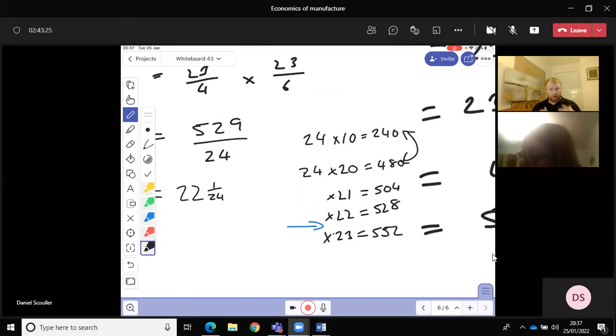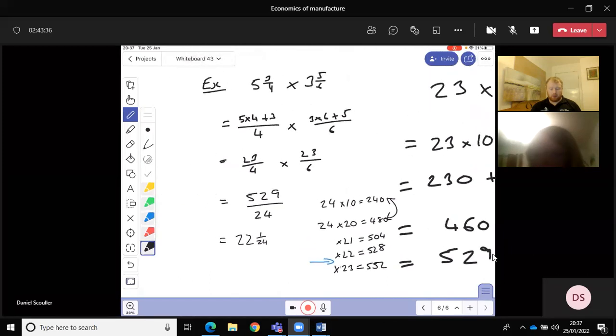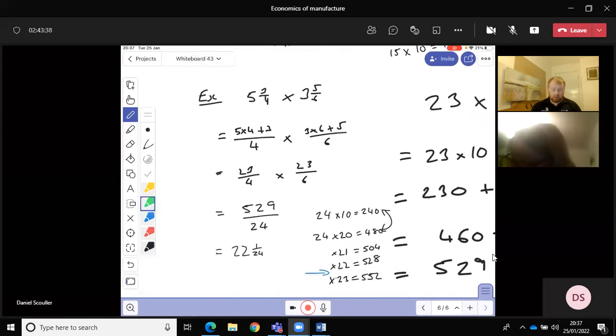So just think about it sensibly, and think about the rules of multiplication and what we can do with that. A hell of a big number. You'd probably see that in the exam and go, I've not got time for this. I wouldn't blame you.